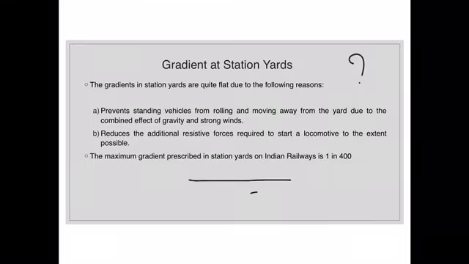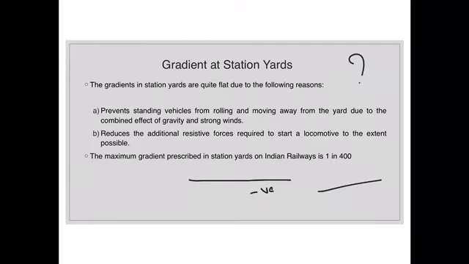Secondly, if any gradient is there in the station yard, additional energy is required for the locomotive to start the engine and move the train further, which may lead to additional fuel consumption. So to reduce the movement of trains away from the yard, and to avoid unnecessary waste of energy while starting the engine, we have to keep the gradients at the station yard as flat as possible.